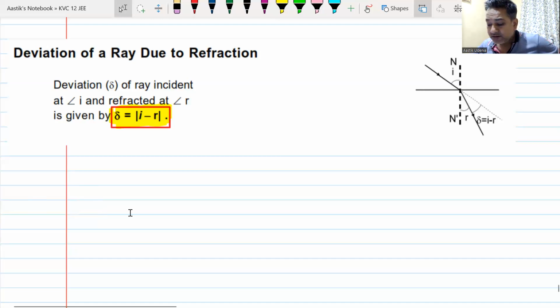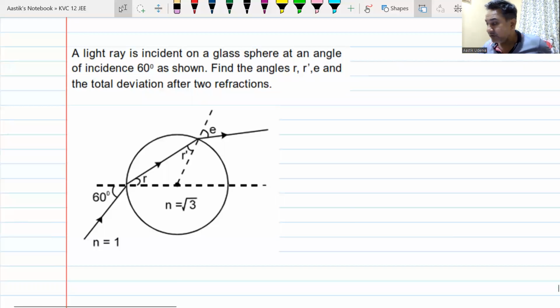I guess this question would be in your module, the module that I got. This is question number 21 from your module, and this is the question that is given to you as homework.